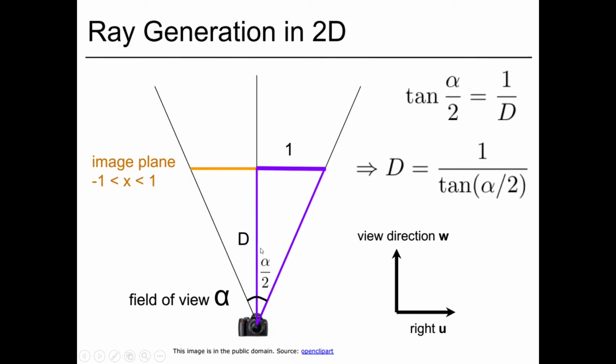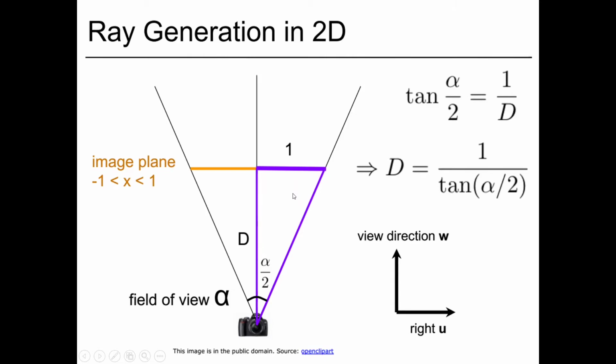Note that the perpendicular drawn from the camera to the image plane will intersect the plane at the midpoint. That is, if it runs from -1 to 1, the intersection will be at 0. And so the length from 0 to one end of the image plane would be 1, since the image plane runs from -1 to 1, which is a normalized length of 2, and here we are measuring it from the midpoint, so it would be 1.